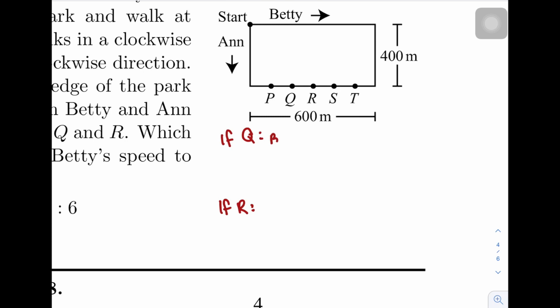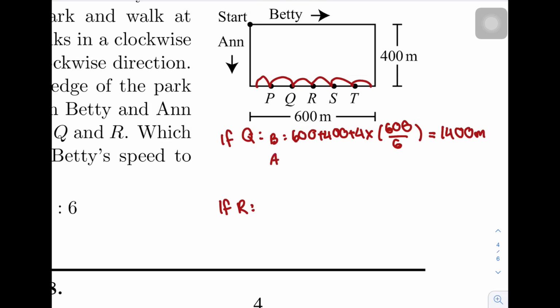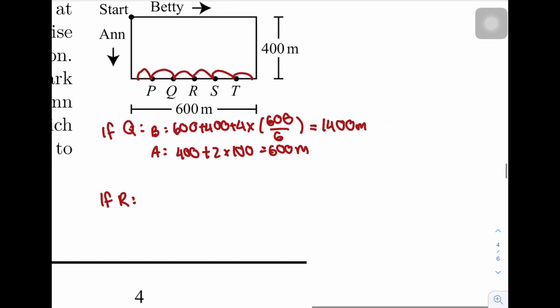Betty's distance would be 600 plus 400 plus 4 multiplied by 600 divided by 6, giving me 1,400 meters. And Anne's distance will be 400 plus 2 times 600 over 6, which is 100, giving me 600 meters. Therefore, the ratio would be 7 to 3.